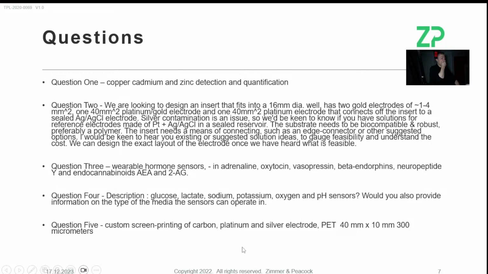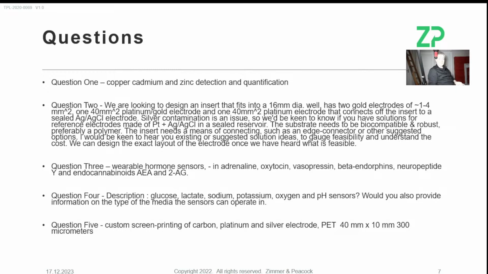Question number 5, they want to make screen printed electrodes. I've always got a comment on platinum and gold: these days they are super expensive. If you can develop something not using platinum and gold, you are doing yourself a massive favor. Also, when you're thinking about a custom screen printed electrode, try and make it as small as possible.